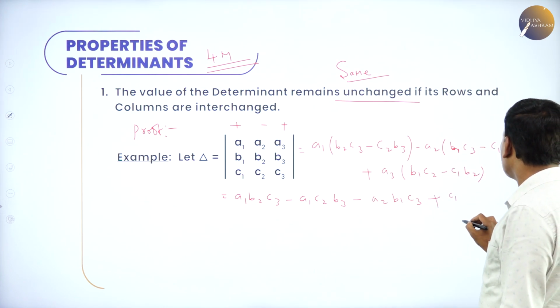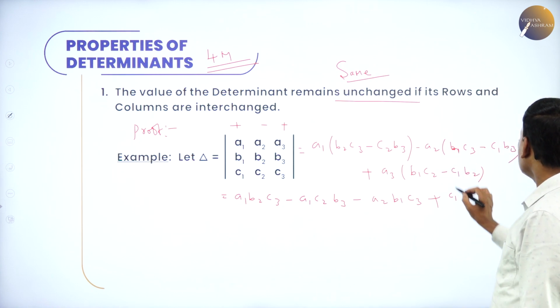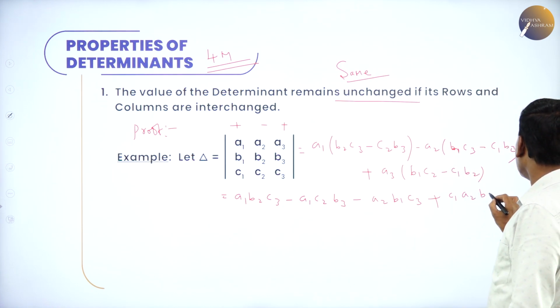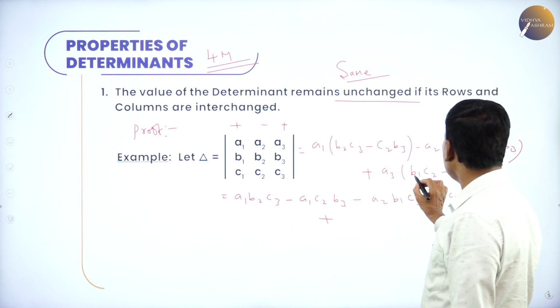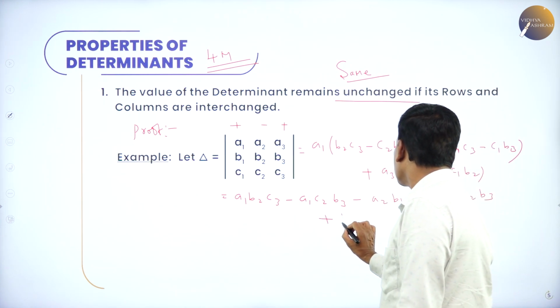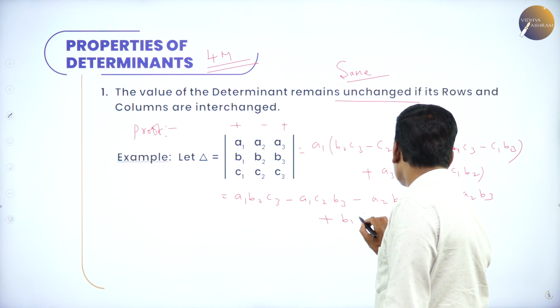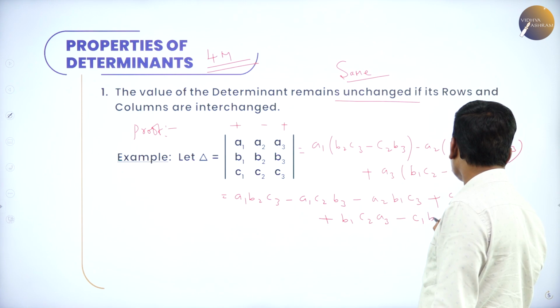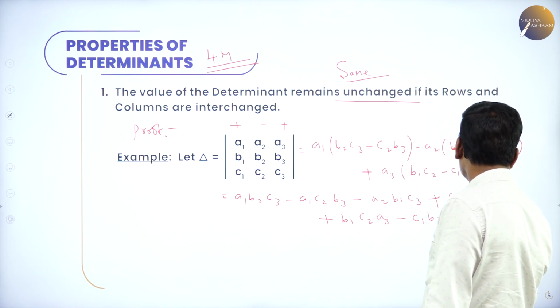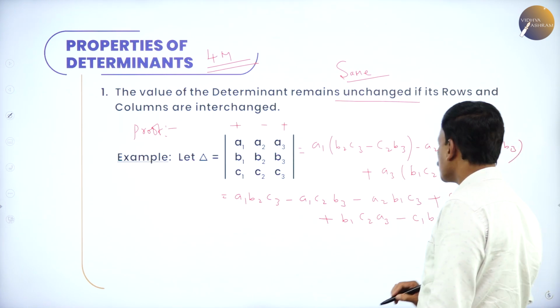I will take 1, 2, 3 as the reference: C1, A2 and B3. Next, plus B1, C2 into A3, and minus C1, B2 and A3. Let us represent this as equation number 1.